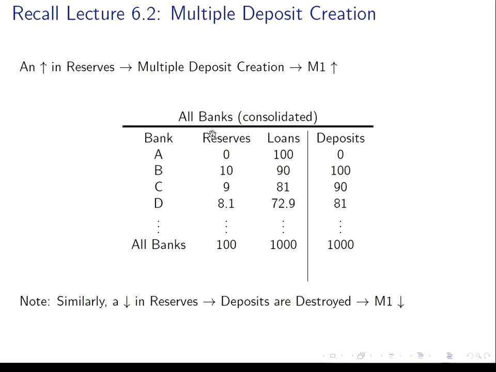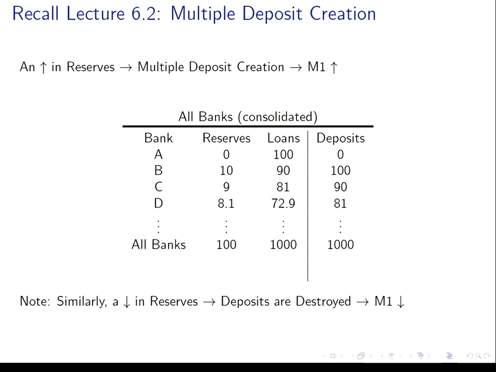Then somehow the person who borrowed that loan amount wrote a check to someone in Bank B and gave those $100 to Bank B in deposits. Now when Bank B has $100 in deposits, it only needs to hold $10, right? Because we are assuming the required reserve ratio to be 10%. Bank B has $90 in excess reserves now.